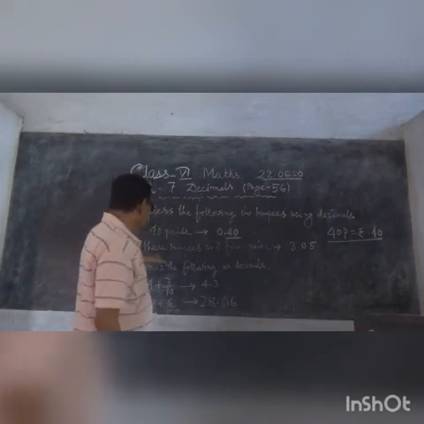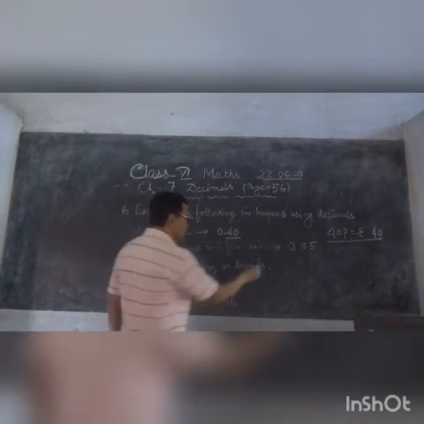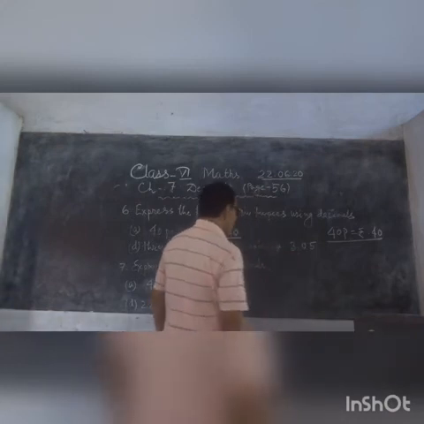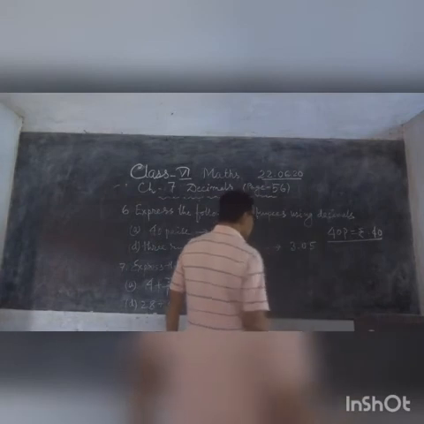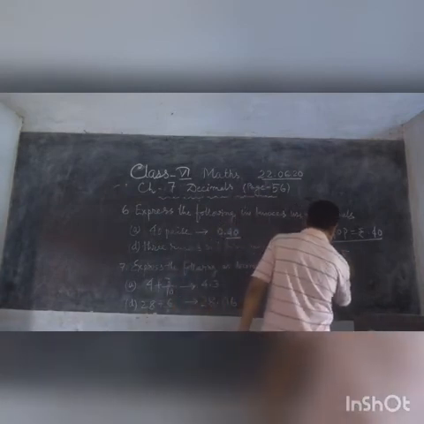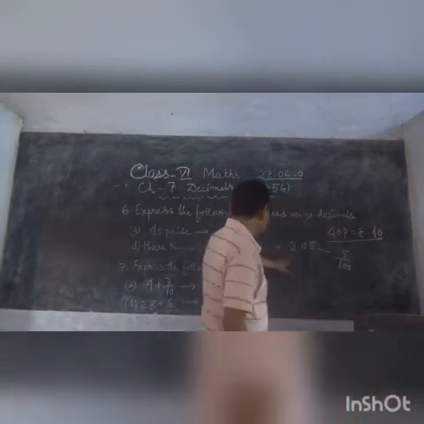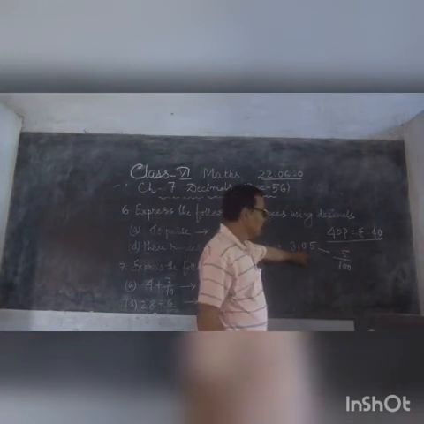Next, 3 rupees and 5 paisa. 3 rupees is the whole figure, and 5 paisa is 5 by 100. So if we convert it into rupee, it will be 0.05 rupee.